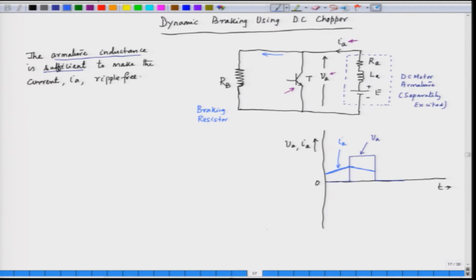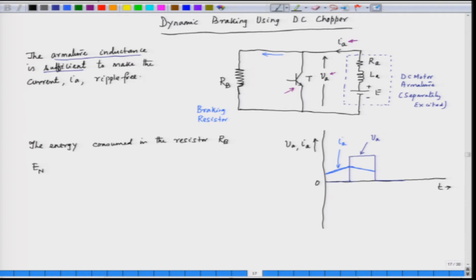Now, we have to find out the power dissipated in the braking resistor. Let us see the energy dissipated in the braking resistor. The energy consumed in the resistor RB is En.